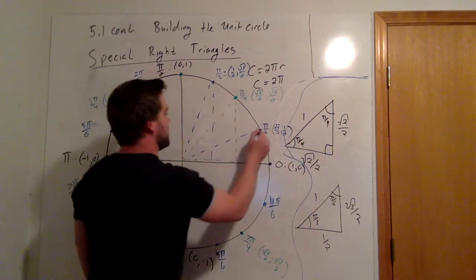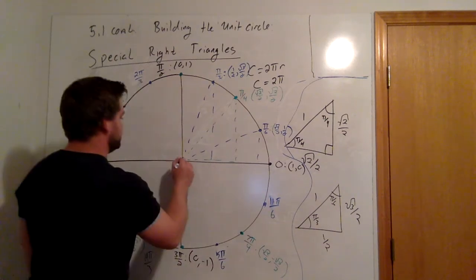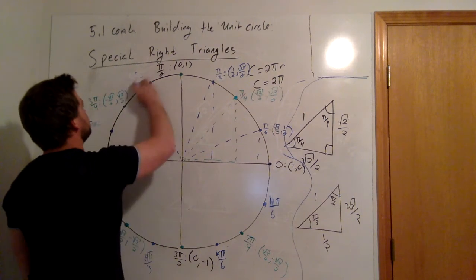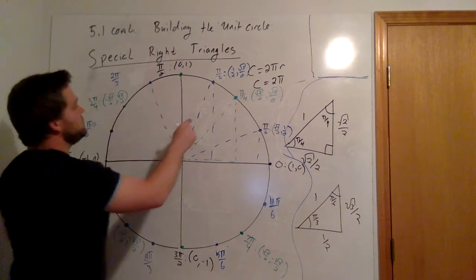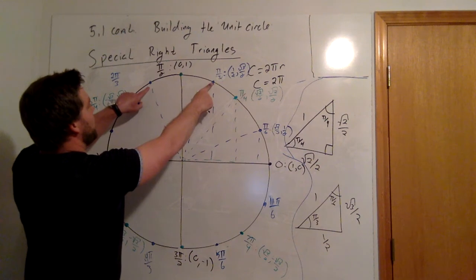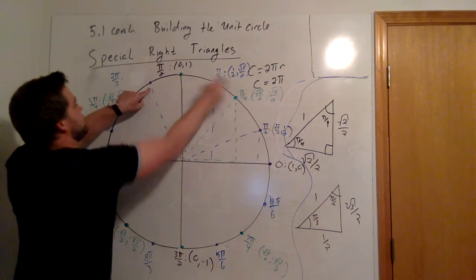We should think about these triangles that are created here. Okay, now by symmetry we can figure out the other ones. So for 2 pi over 3, by symmetry it'll have the same y coordinate as this one here, but its x coordinate will be negative.